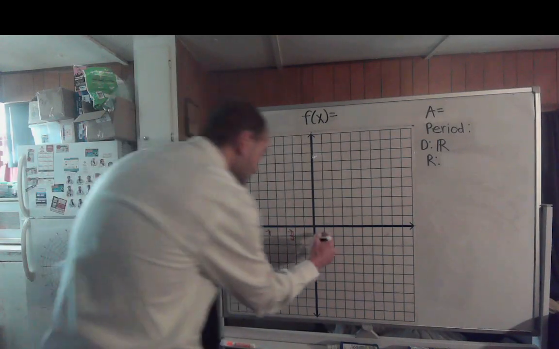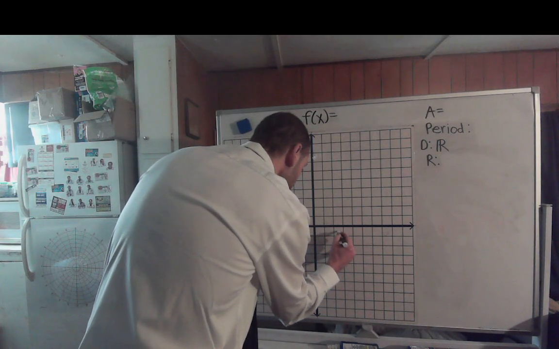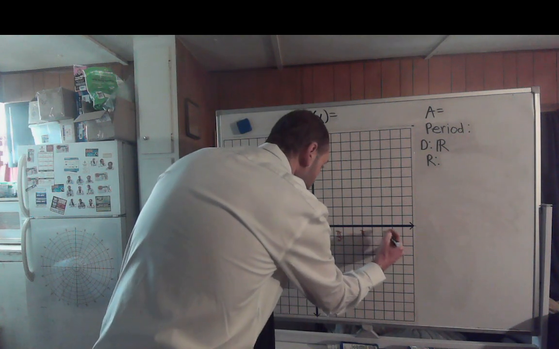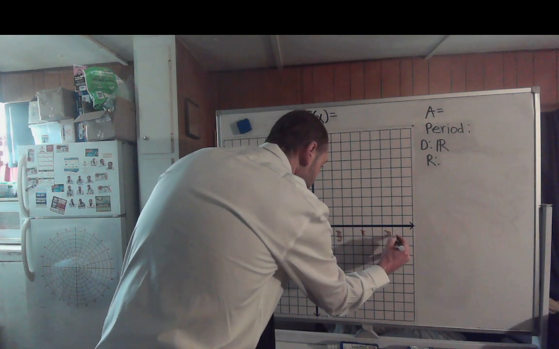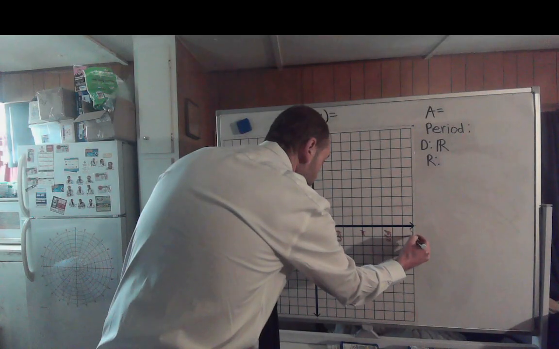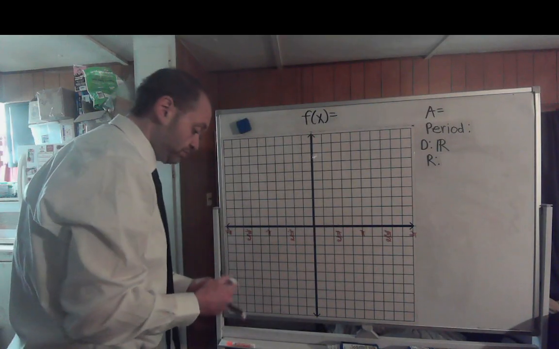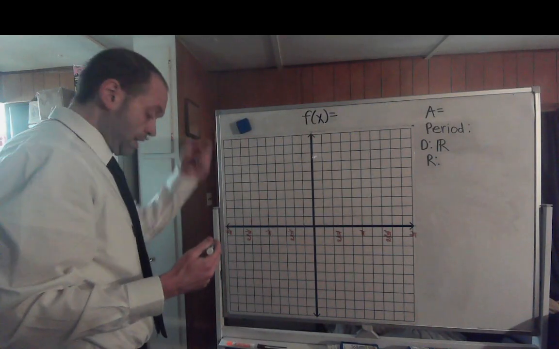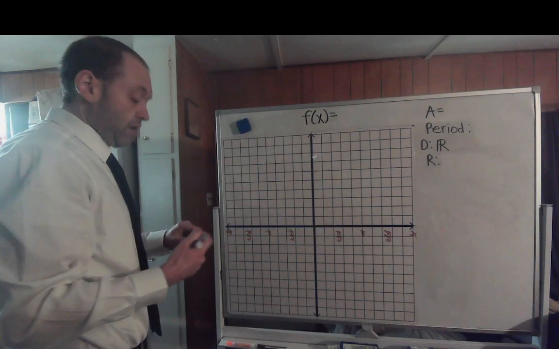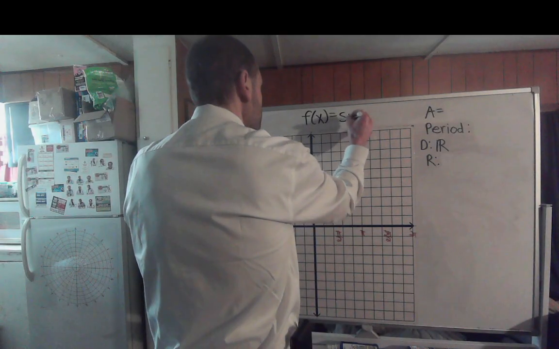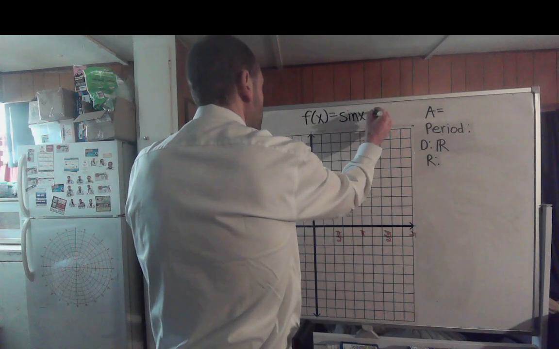Positive pi over 2, positive pi, positive 3 pi over 2, and then positive 2 pi. All right. So let's see here. Why don't we do the sine of x plus 3?